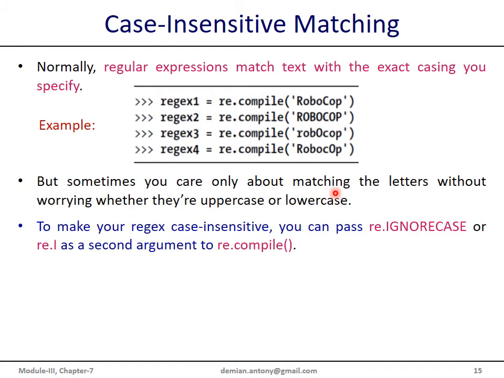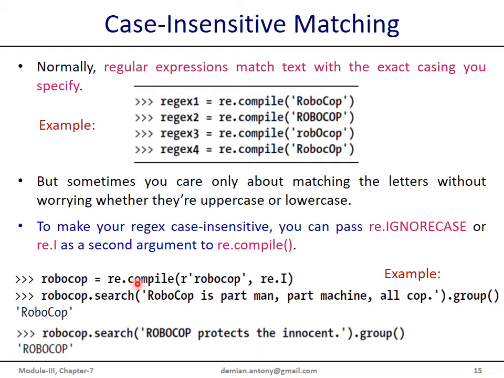If you want to ignore the case sensitivity, if you want to match both uppercase and lowercase letters present in a line of text or a string, then we have to make our regular expression case insensitive by passing re.IGNORECASE or re.I as a second argument to the re.compile method. Here is an example. We create the case insensitive regular expression object Robocop by passing a second parameter re.I.